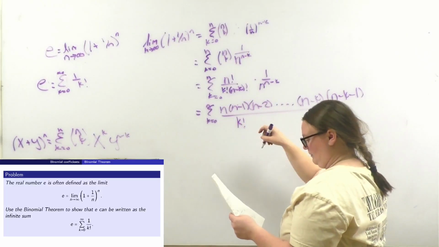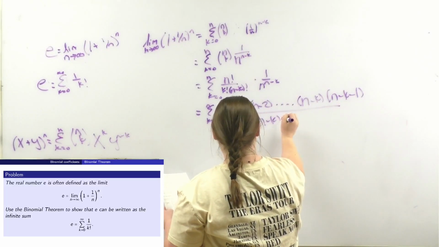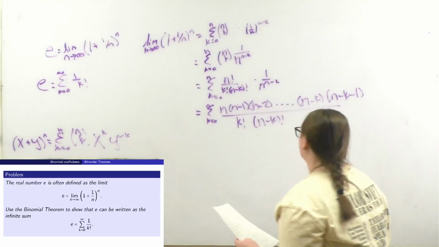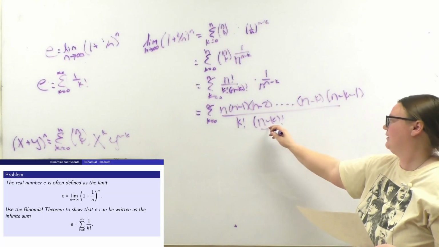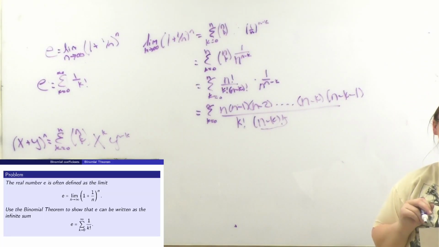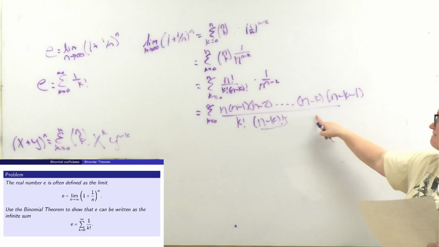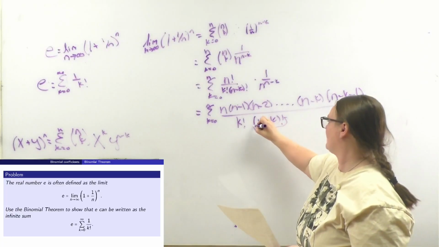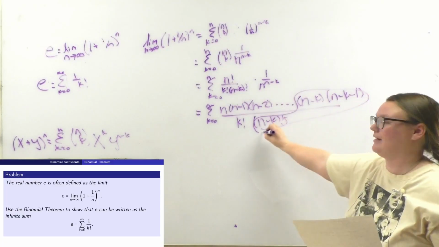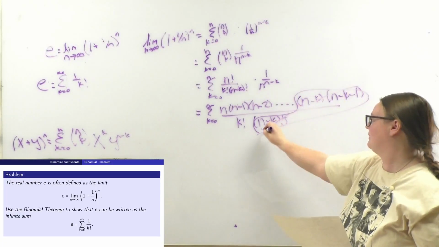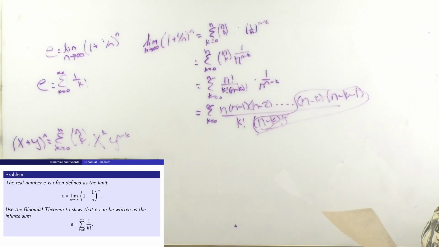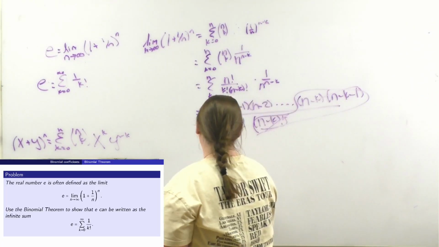We want that. Times n minus k factorial. So this here helps us get rid of some stuff, right? So all of this, that's gone. Okay, exciting. All right, awesome. So now we're left with pretty much just this.